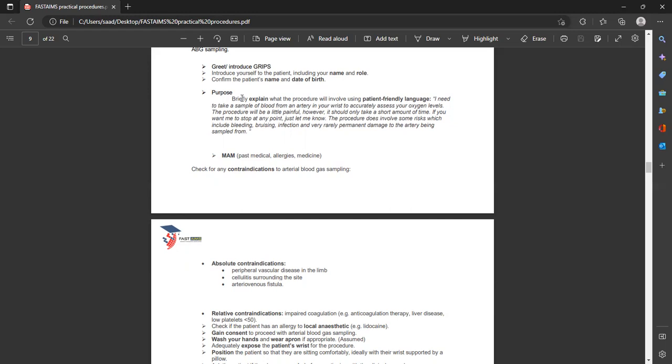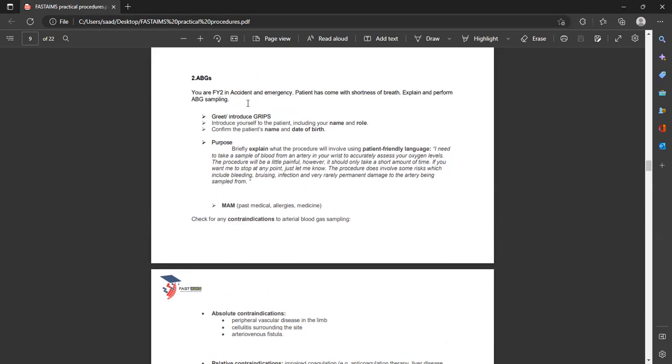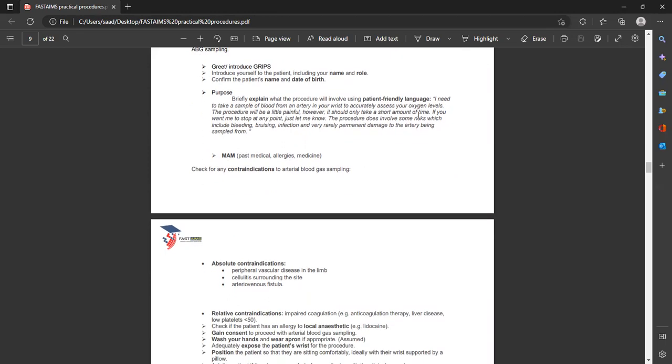Now, I am here to perform a special procedure called ABG. It is where I need to take a sample of blood from the artery in your wrist to accurately assess your oxygen levels. Because you are having this shortness of breath, I have to assess these oxygen levels. So just explain what you are going to do in a friendly manner.